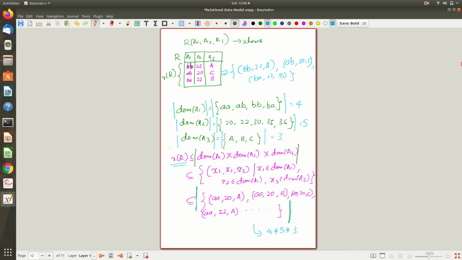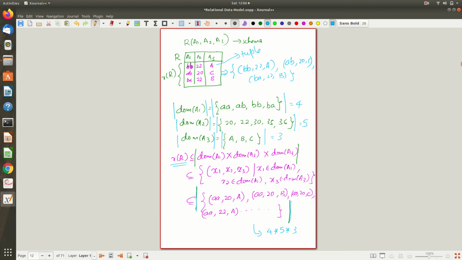Now, this is an ordered triple. Similarly, you can think of a relation as a collection of ordered n-tuples, right? So each such one row is what we call a tuple.